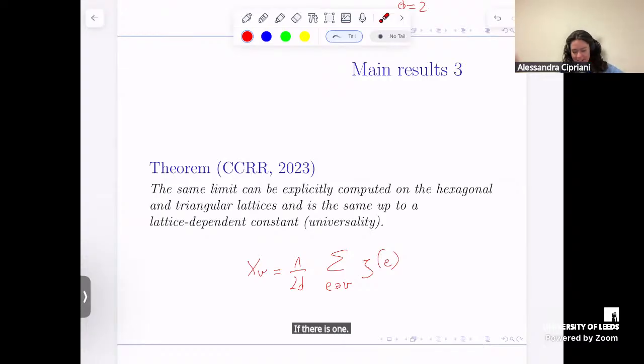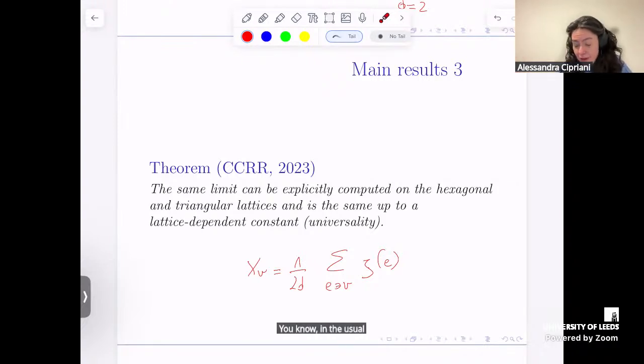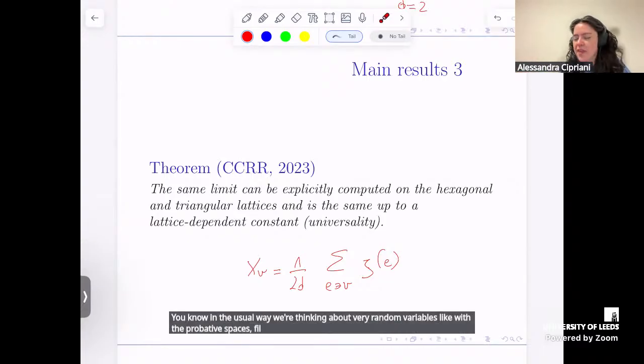Okay, so here, an excellent question. You saw that during my talk I was very careful not to talk about probability measures whenever I was talking about fermionic things, because these fermionic variables are essentially thought of as correlations or expectations rather than in the usual way we think about random variables, with probability spaces, filtrations, and so on.